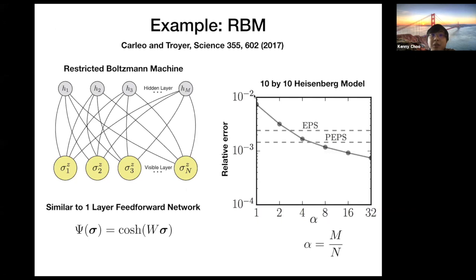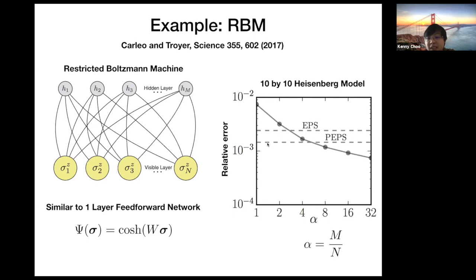Using this type of network, they applied it to solve the 2D Heisenberg model on the square lattice. There is no sign problem here, so you have exact quantum Monte Carlo results. On the y-axis is the relative error of the ground state energy, and the x-axis is the hidden unit density, the number of hidden units divided by the number of visible units. So a larger alpha just means a more complex network, which is more representative.